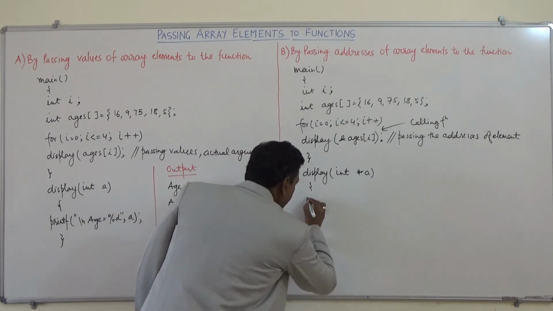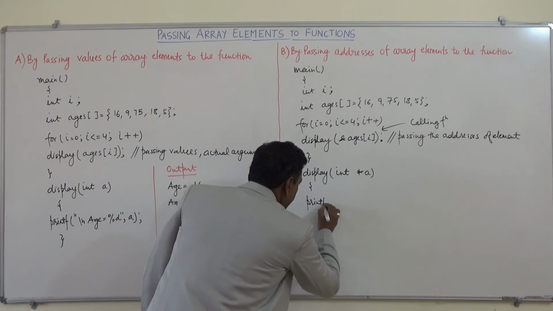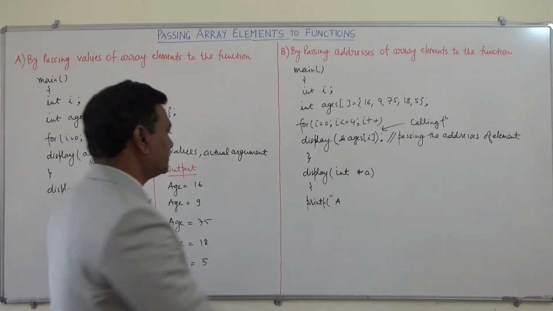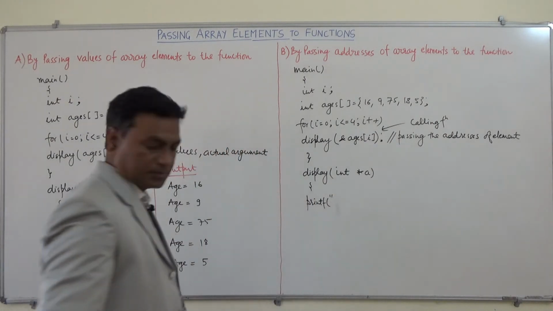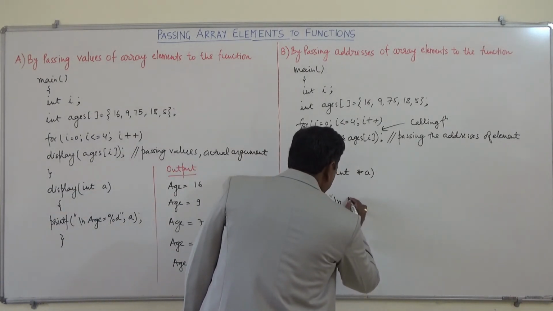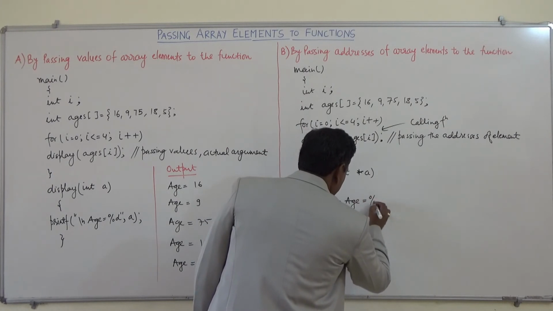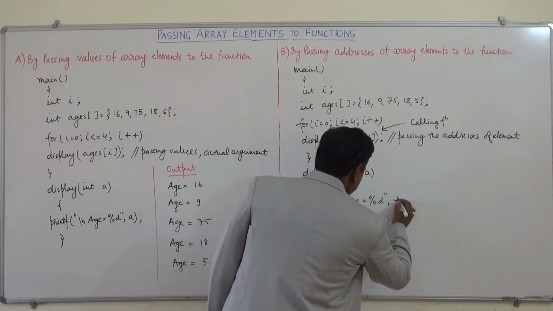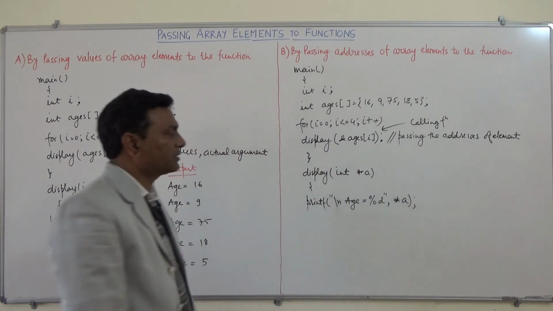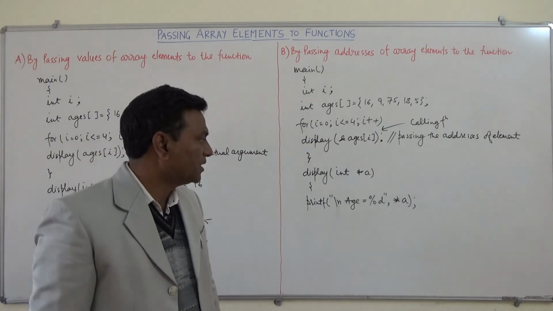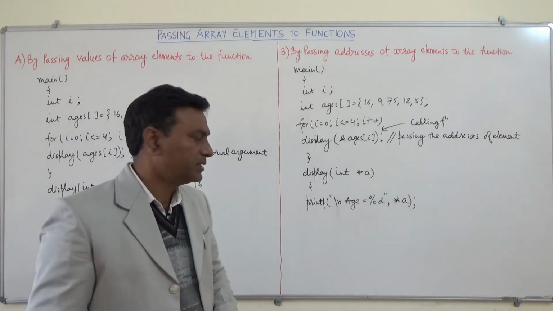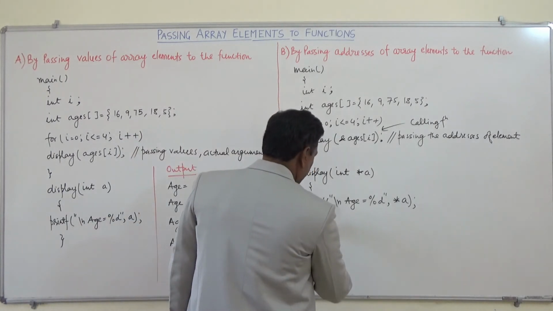Now we can simply printf age equals to %d, and this is asterisk a. So here we are again printing the value, means we are printing the different ages, but by using the pointer here.